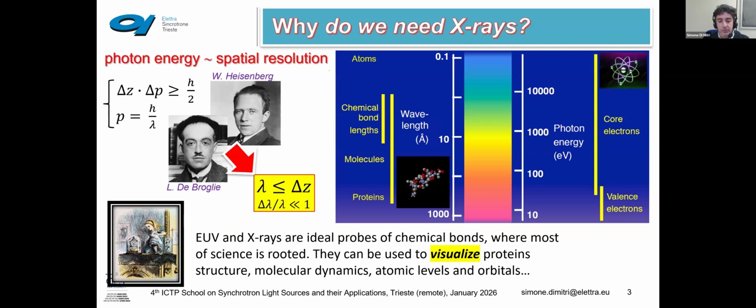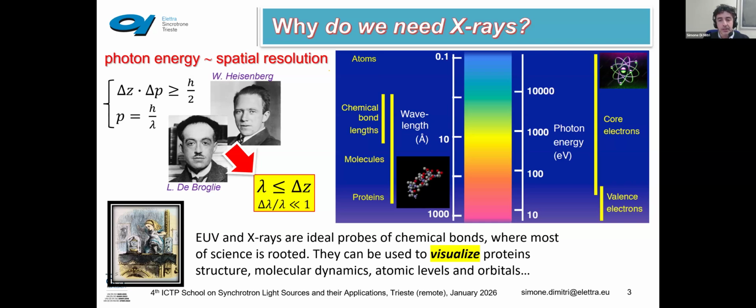Basically, in order to get a spatial resolution at a given delta z, you need a light at a wavelength which is of the order of, and possibly less than, the spatial scale you want to investigate. And this is basically a very rough estimation, assuming an almost monochromatic beam, assuming the light is just at one frequency.